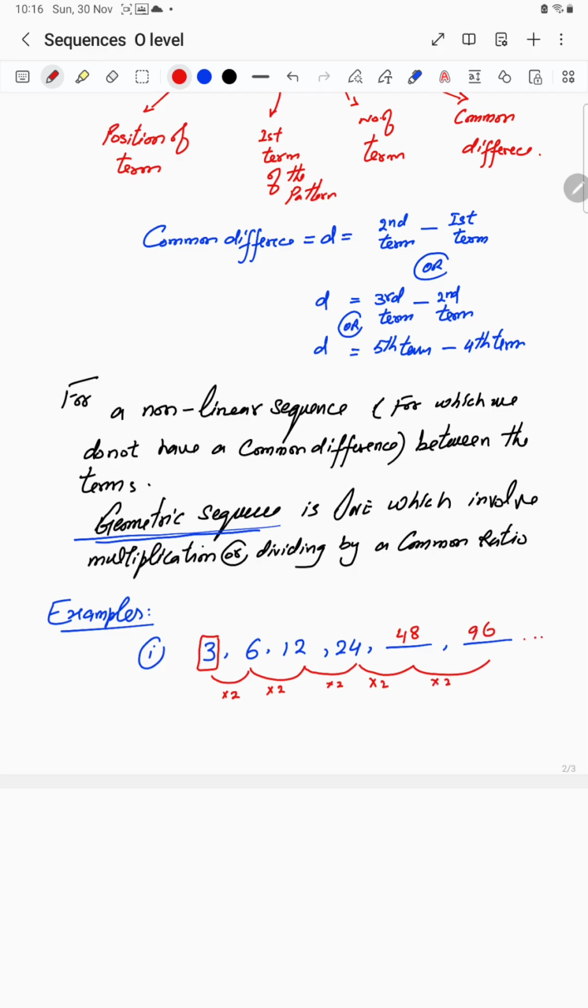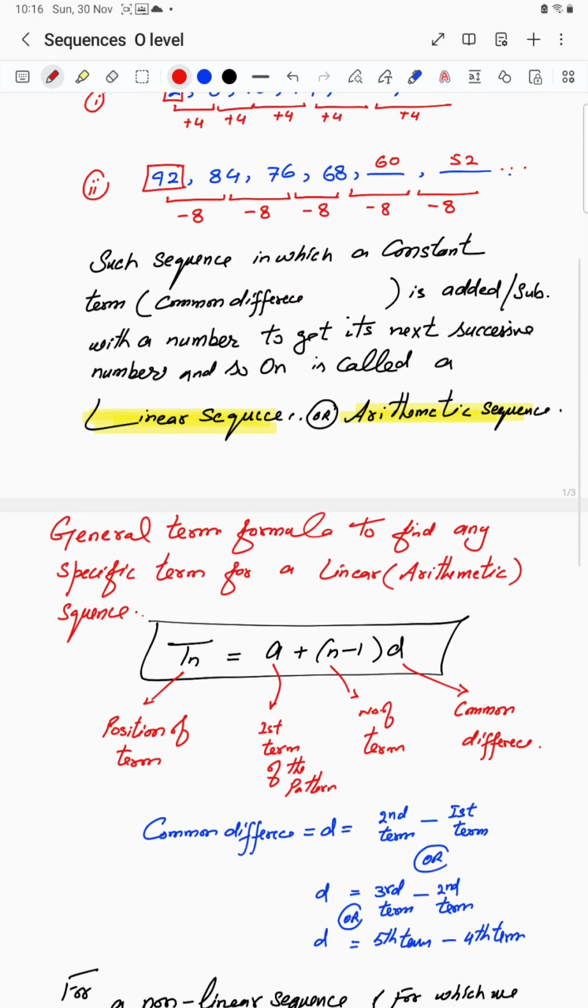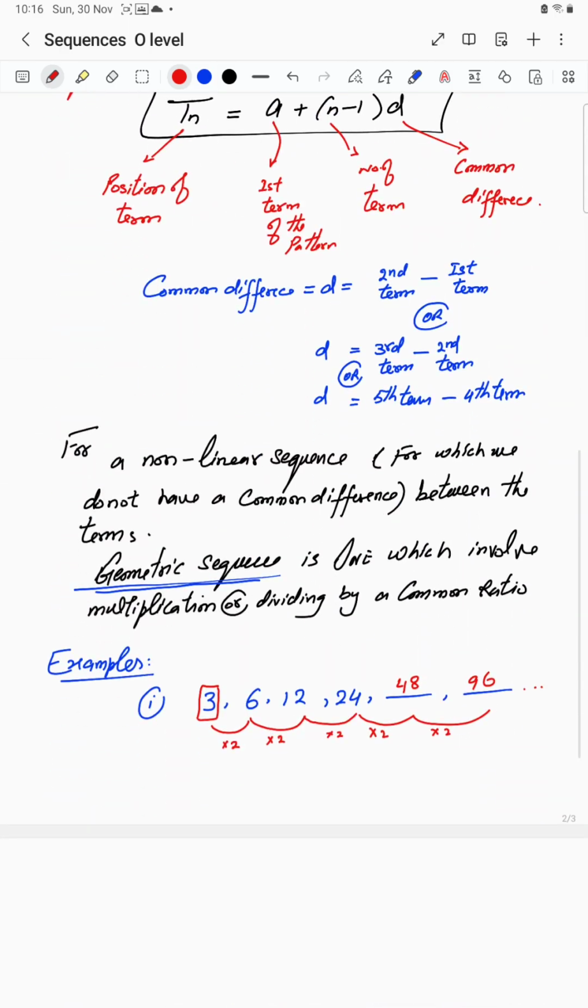So this is a pattern that can only be obtained by multiplying each term with 2 to get the successive terms. You can't plus or minus to get the sequence. So that sequence is called a geometric sequence or geometric progression. And here a, the first term, is 3, and the common ratio is r, the ratio, but above there was a common difference, right?